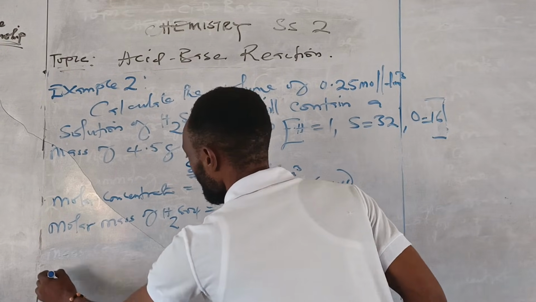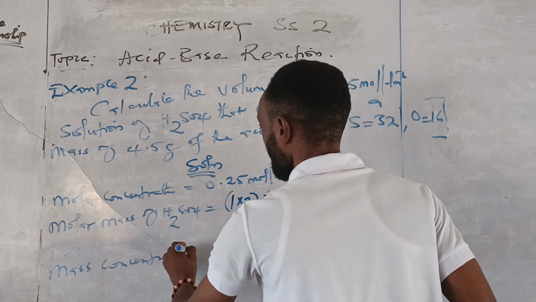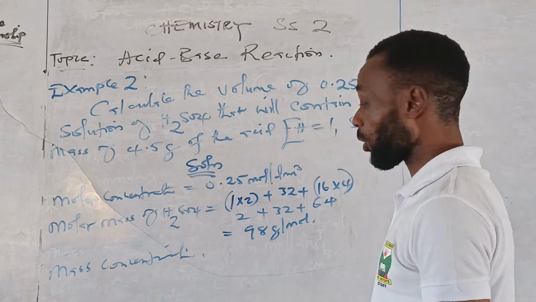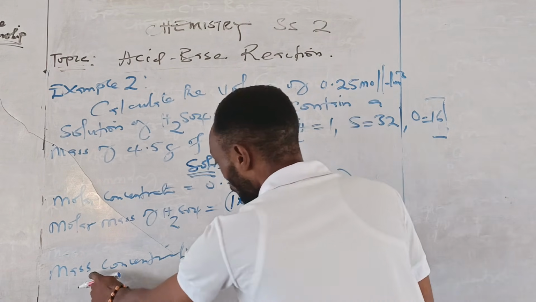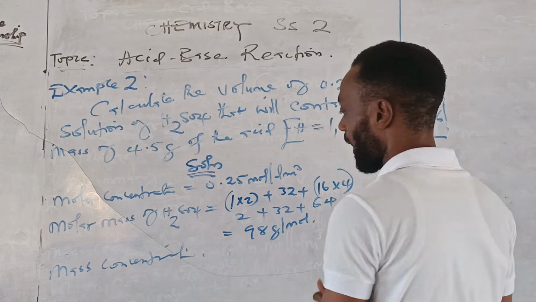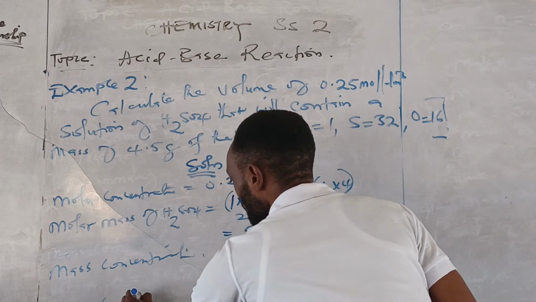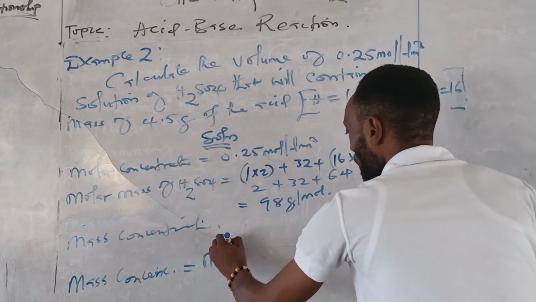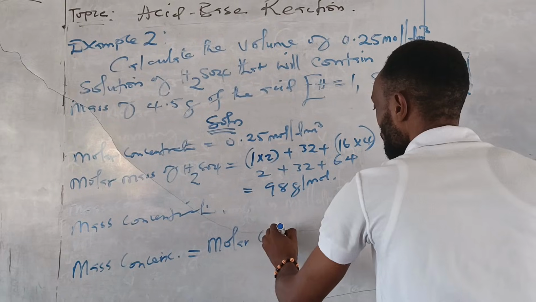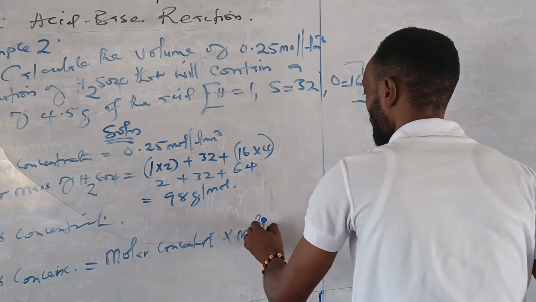Now we are to find the mass concentration. Using the first formula, the way we did for the first one, making mass concentration the subject, the formula is mass concentration equals molar concentration times molar mass.